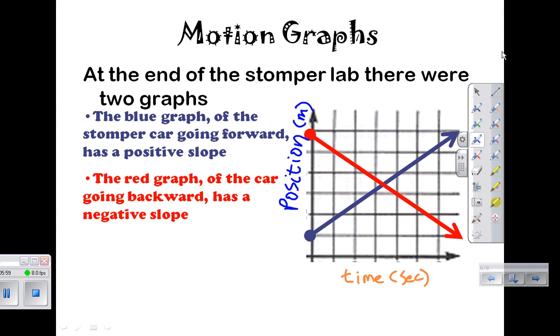We have this blue graph of the car going forward. The red graph was the car moving backward.